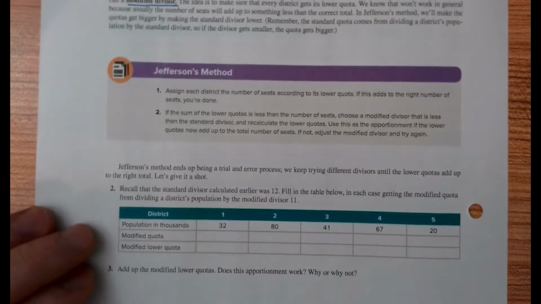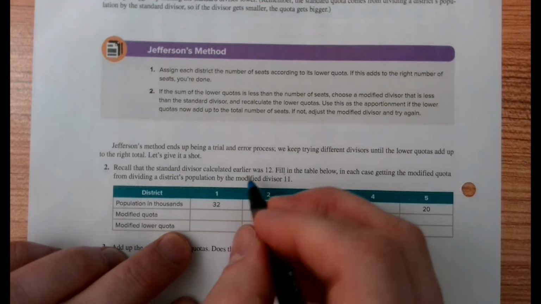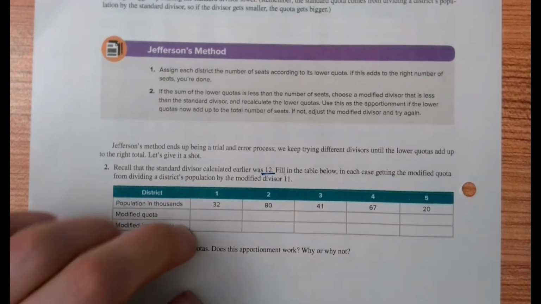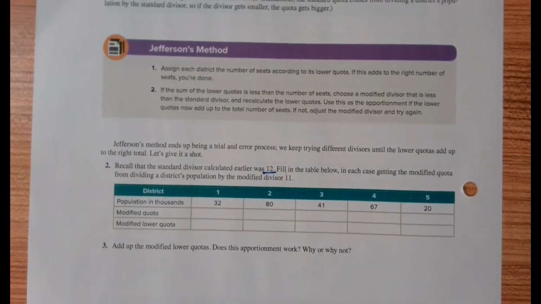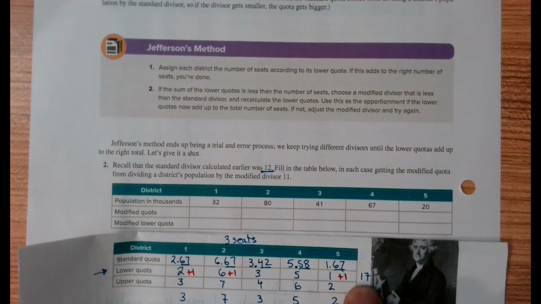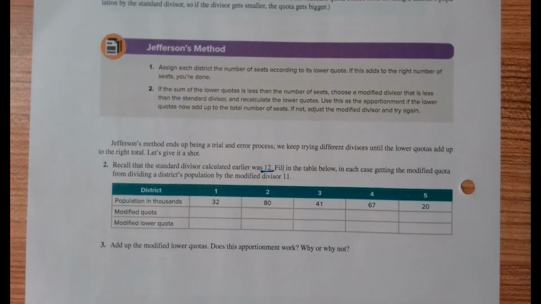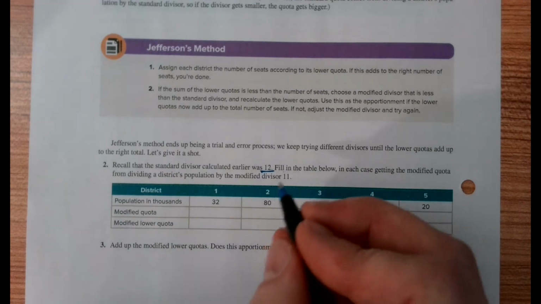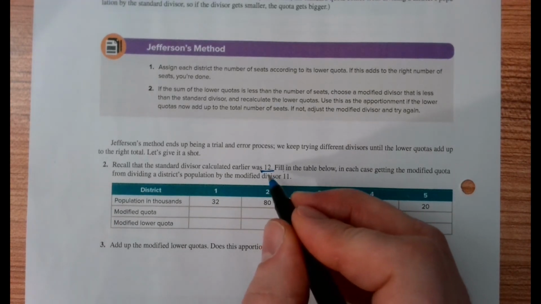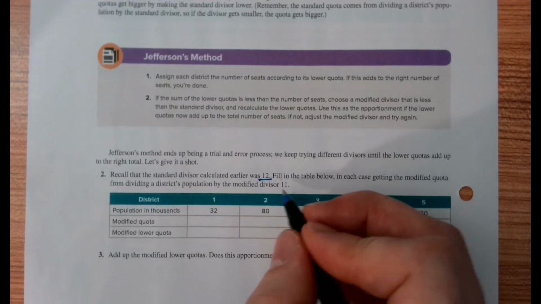So here goes, we got the data again. We started with a 12 as our divisor with the lower quotas, and remember we got to 17. So since that's below the number of seats we wanted to give away, we're going to choose a modified divisor that is smaller than 12. So our author says use 11.